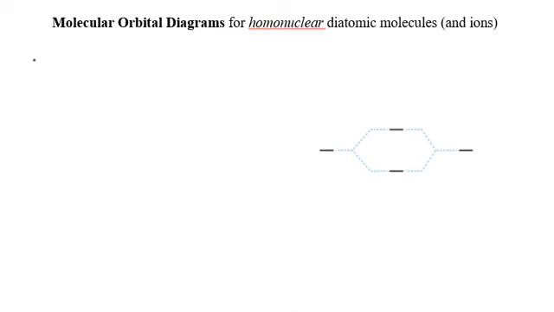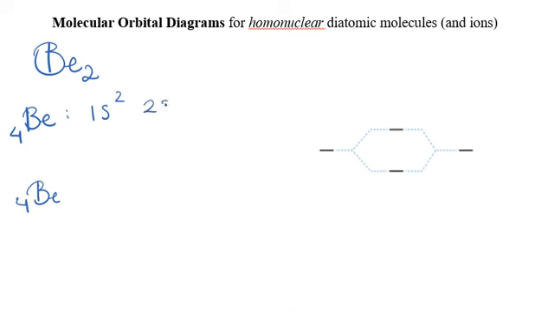The last example for s orbitals, I'm going to talk about beryllium, Be2, and see, do we have these diatomic molecules for beryllium? To do this, again, I may ask you to pause this video and work on your own example and double check with me after you have everything on the scratch papers.